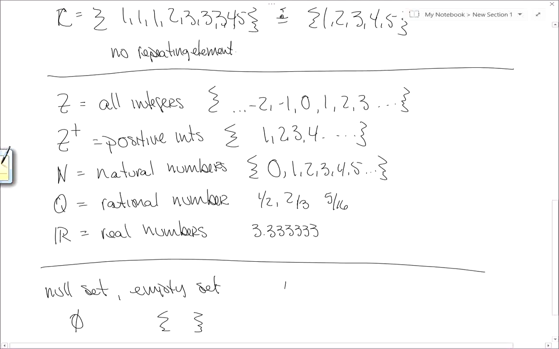So what do you think is the cardinality of the empty set? Well, because it's empty, it wouldn't have anything in it, right? And so the cardinality of the null set would be exactly the same. It has nothing in it, obviously, given the name. Therefore, its cardinality would be 0.